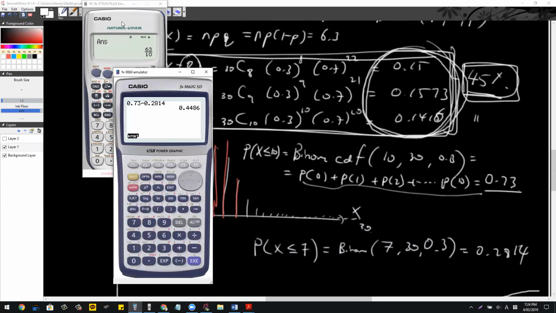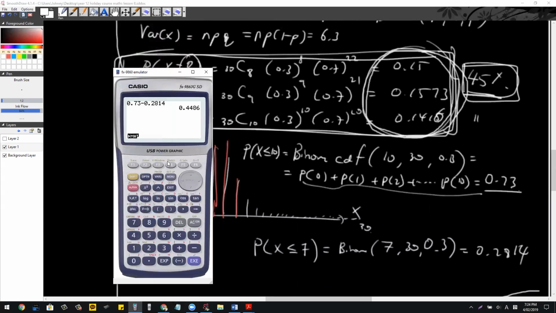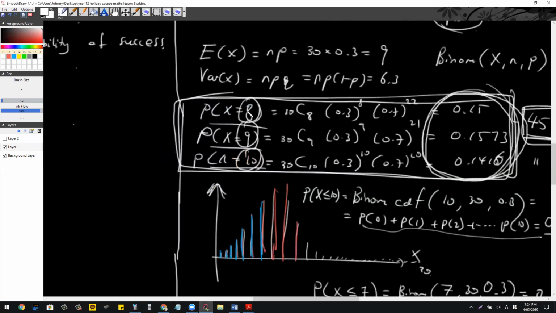There is CDF and PDF in all of this. As for normal distribution, you don't have to worry about PD. You only have to worry about the CD and inverse. For binom, because it's discrete probability, PD is quite useful if you're trying to figure out the probability of one specific event.